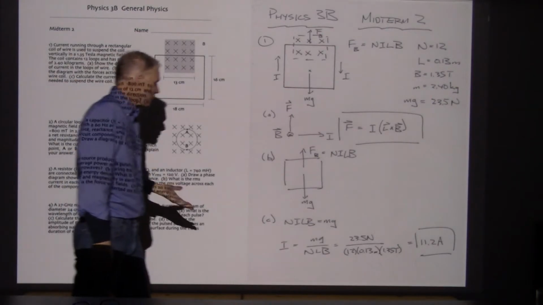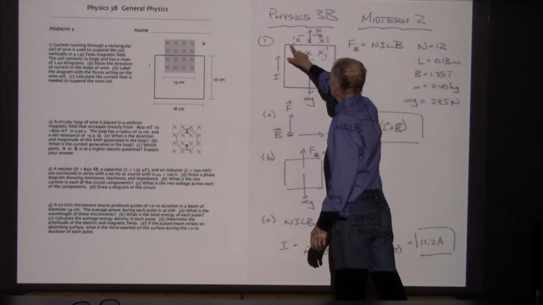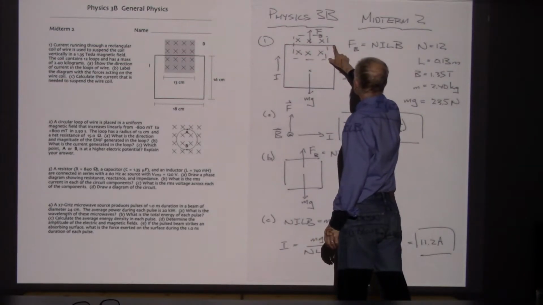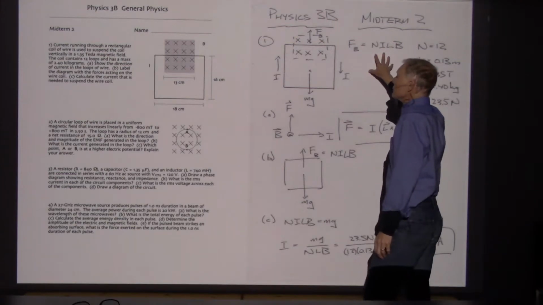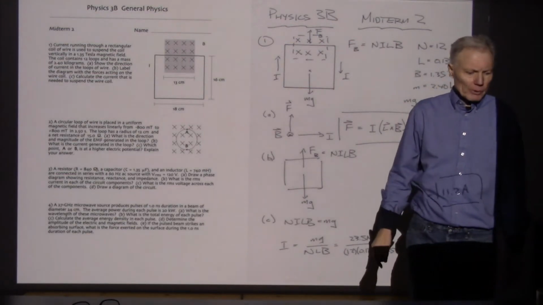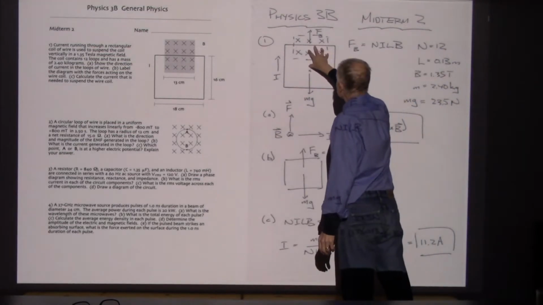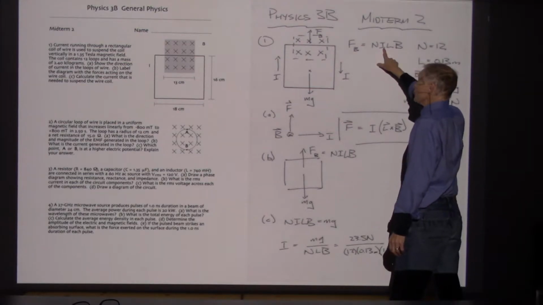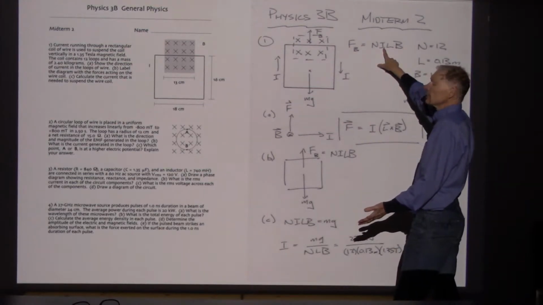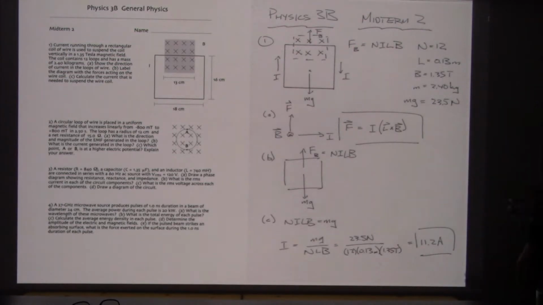And what we've learned in chapter 27 is that if I have charges moving in a magnetic field region, they're going to have forces acting on them. And so the key formula for this would be the force that these charges going through here experience is given by the current. I can work directly in terms of current. I don't have to go back and think of the charges on the electrons and how many electrons.